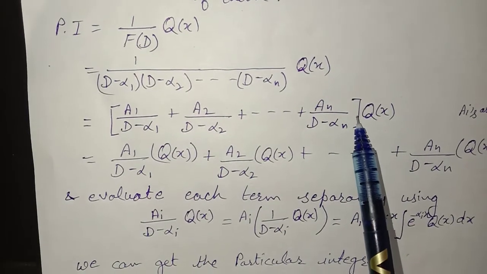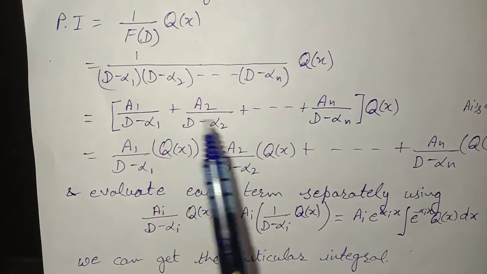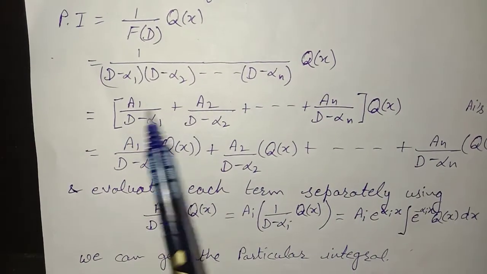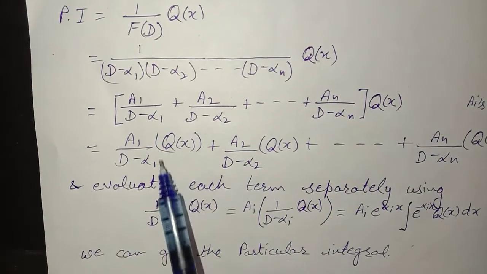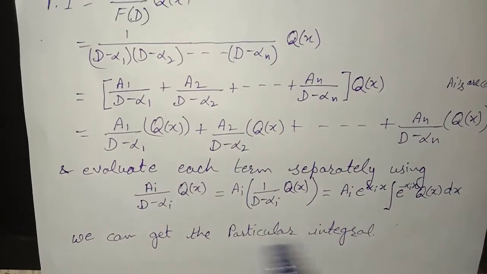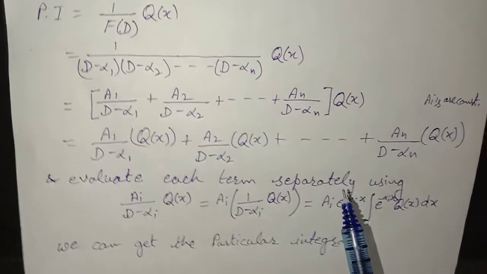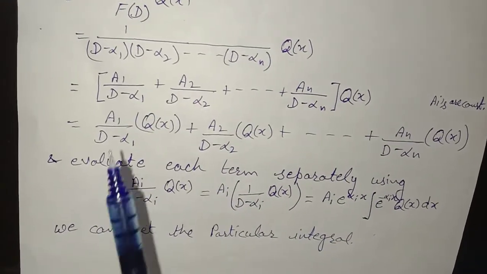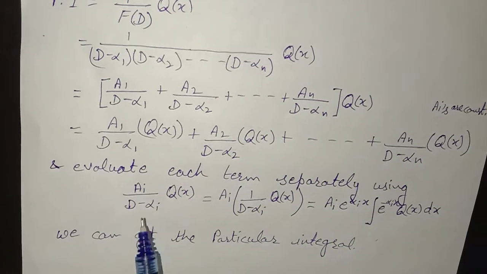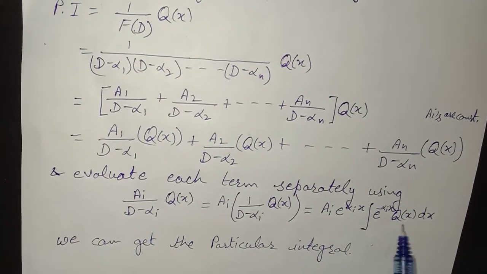You can get this step by using partial fractions. And now we operate each of the operators on this Q(x). So now we have Q(x) with each of the terms, and we evaluate each term separately using this formula. This you have to memorize, you have to remember this.